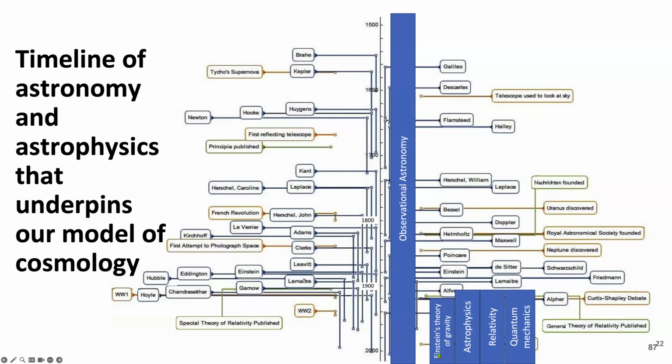Here's Einstein's theory of gravity, which is even more sophisticated than his original product. So in the early 1900s, we have the emergence of these new sciences, and that gave us the physics of astronomy, now called astrophysics.